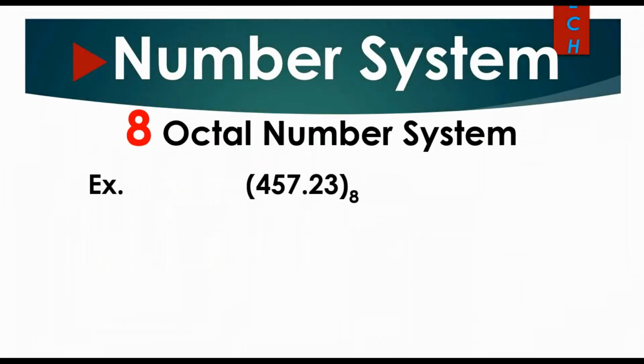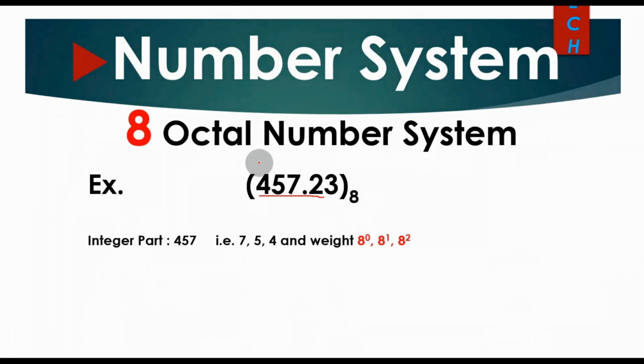Let us consider one example, and now we will calculate the equivalent decimal number. The integer part of this octal number is 457, read from the right as 7, 5, 4. The weight for 7 is 8 to the power 0, for 5 it is 8 to the power 1, and for 4 it is 8 to the power 2.